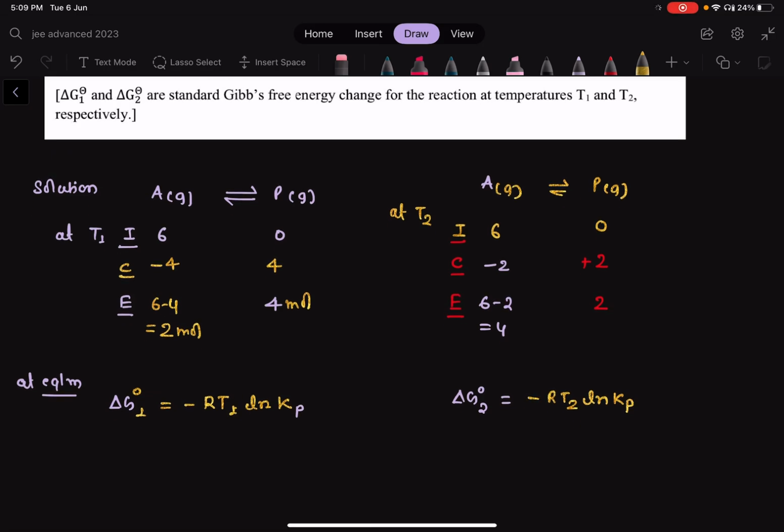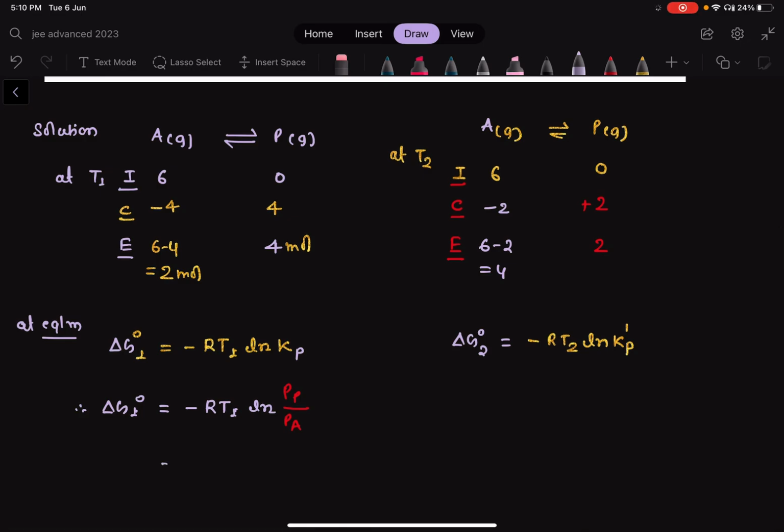And since the temperature is varying, the equilibrium constant will also vary. Now as far as delta G1 is concerned, delta G1 naught will be equal to minus RT1 ln Kp. Kp at the temperature T1 is the pressure of P by the pressure of A, and the pressure of P at equilibrium, from the ideal gas condition, is nRT by V. So n is 4, R is constant, T is T1, and V is 1 liter.